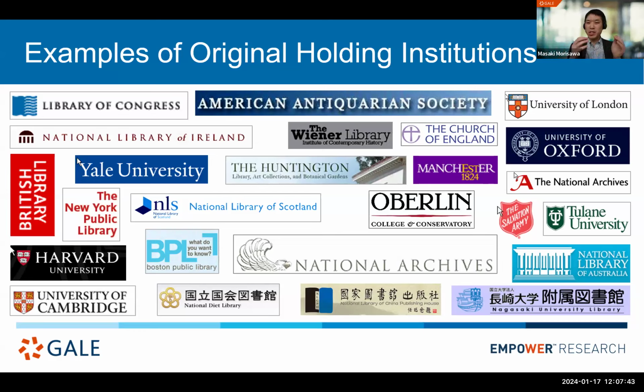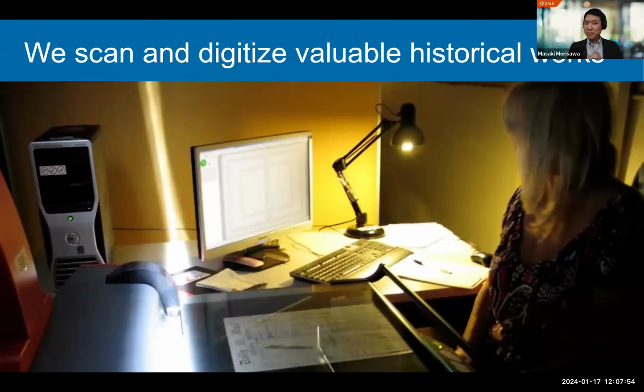And then we will specify a specific collection that we want to digitize and ask them for permission to digitize their holdings. If we get a yes, we will sometimes go into their rooms and actually digitize their material directly from the original material, like you see here on the screen.